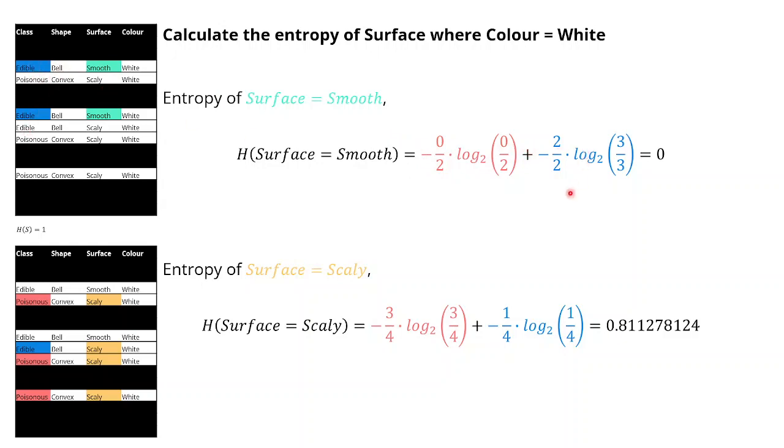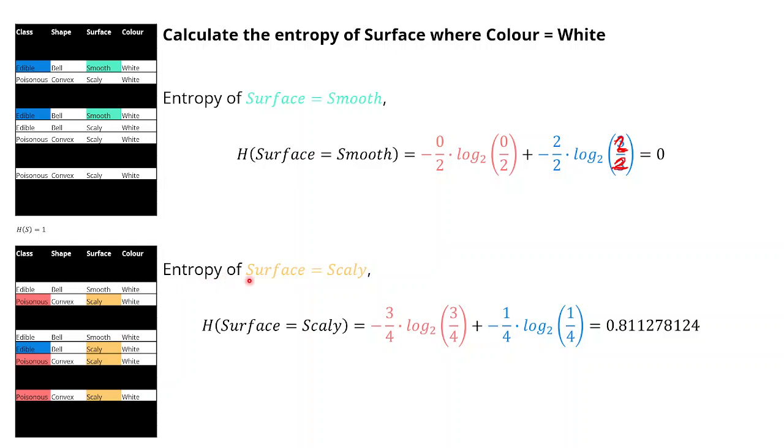So, we write 2 over 2. Okay. So, ang resulting entropy sa smooth na surface where color is white is 0.